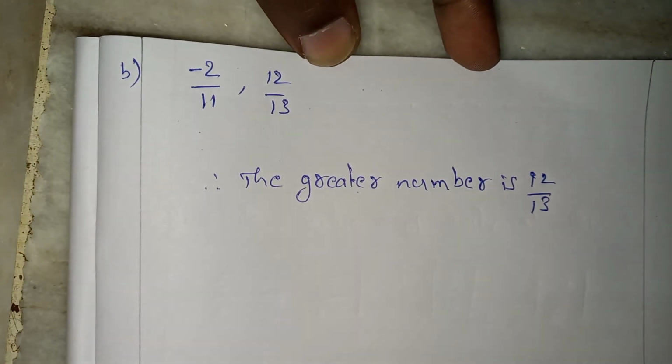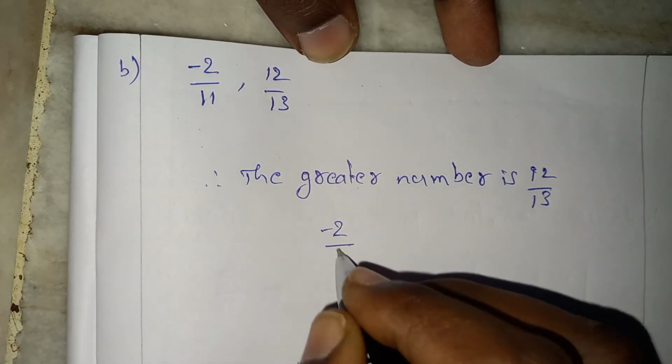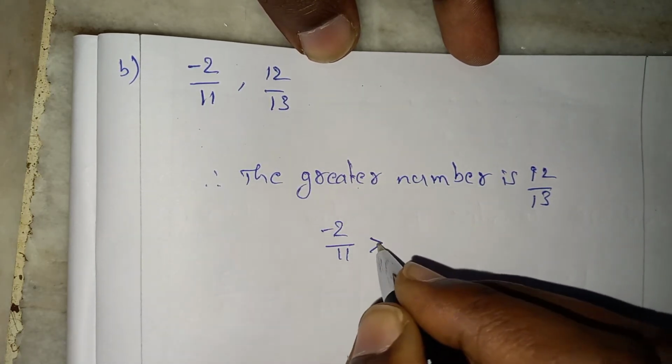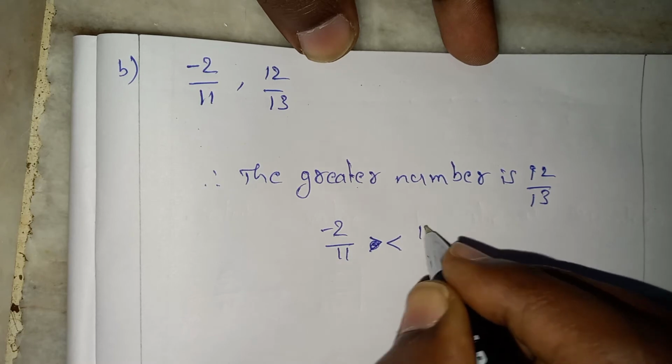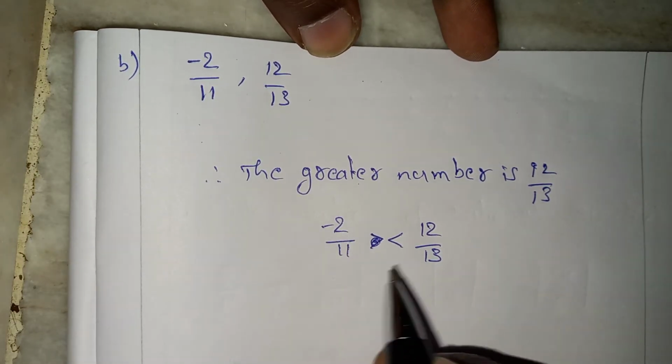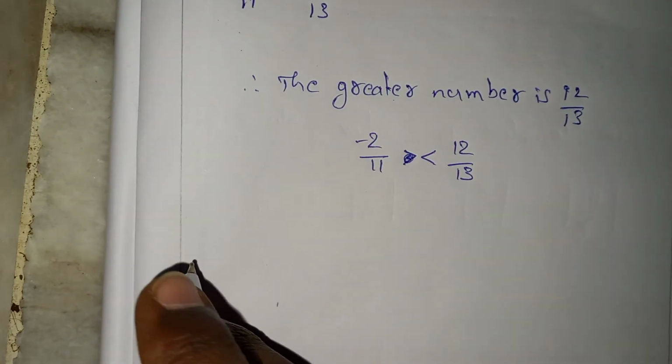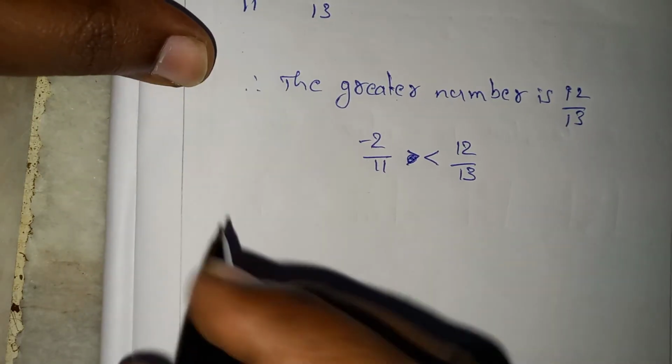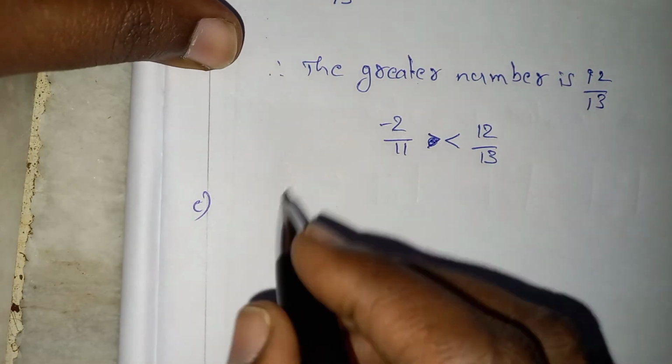Simple, no? So minus 2 by 11 is less than 12 by 13. A negative value is always a small number compared with a positive number. Right?